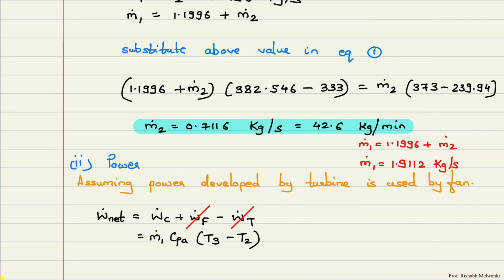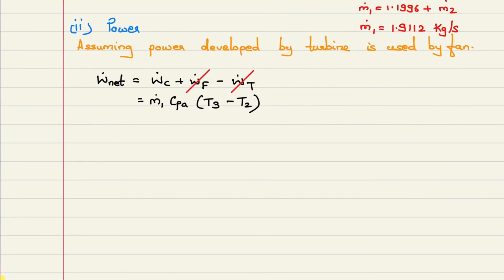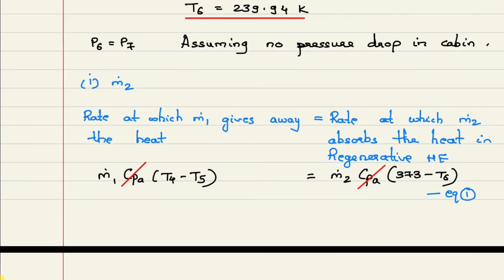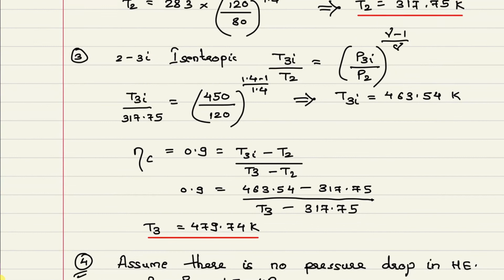Substitute this value: 1.9112 kg per second multiplied by Cp of air, 1.005 kilojoule per kg Kelvin, into T3 minus T2. We have already found out the values of T3 and T2. So for T3, you have to take the value of T3, not T3i.